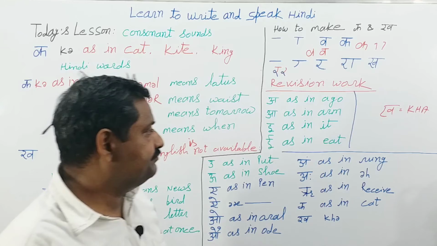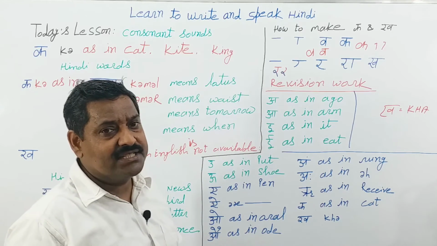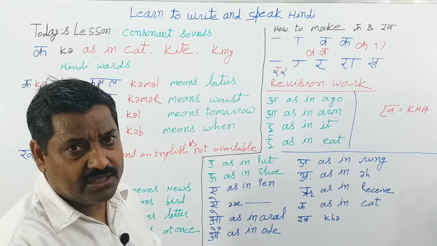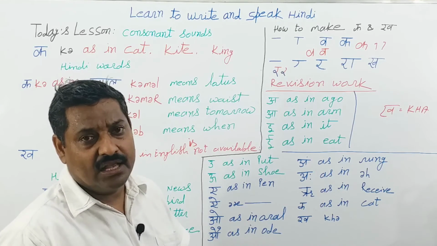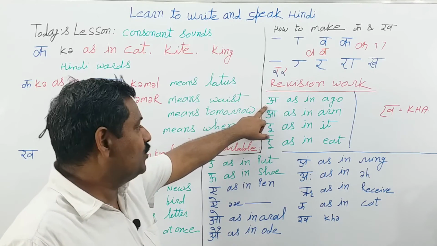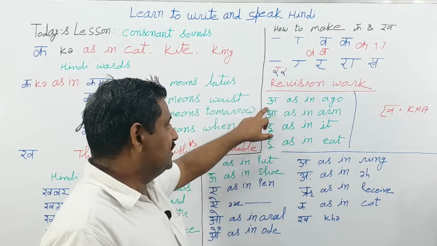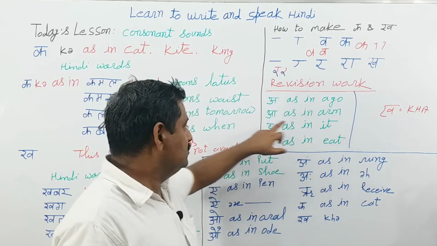And now we need to do the revision work, or revise the sounds that we've already learned in our previous videos. The pronunciation of this sound is o, as in ago.